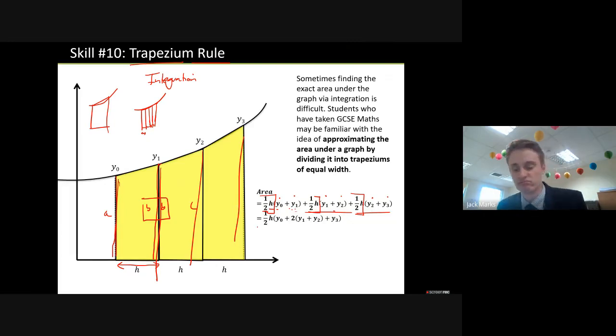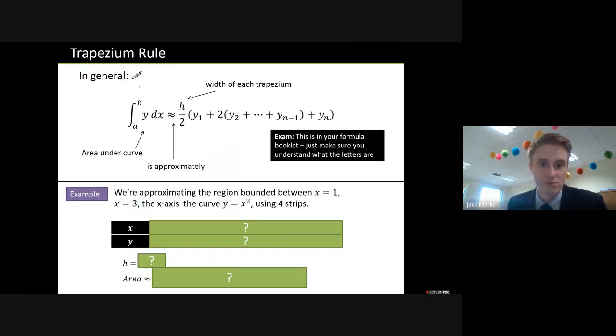So what we do is we make this into a rule, and this rule appears in your formula booklet. What this is saying is the area underneath the curve between a and b, so between two x limits, is the same as a half of height, or height over 2, multiplied by the first y value and the last one, and then for everything in between, there's 2 of them because you double up, so they get used twice.